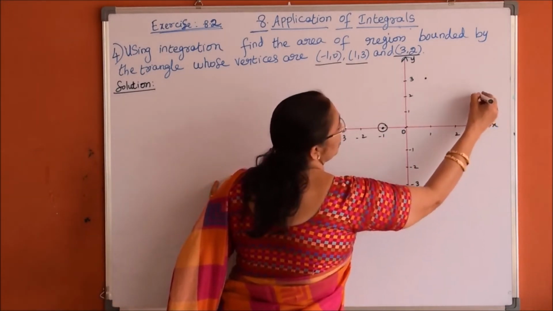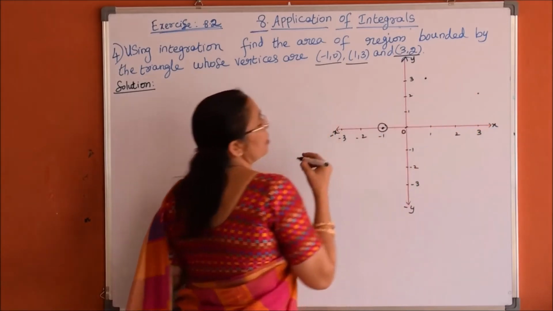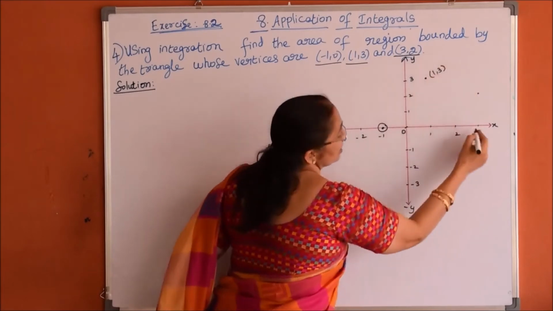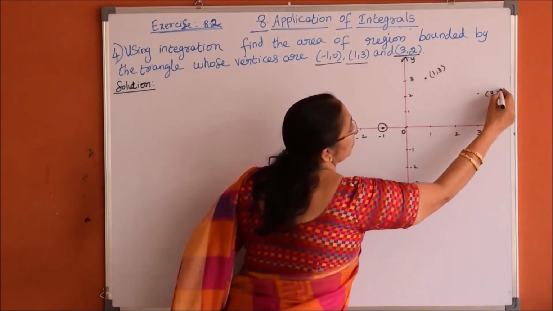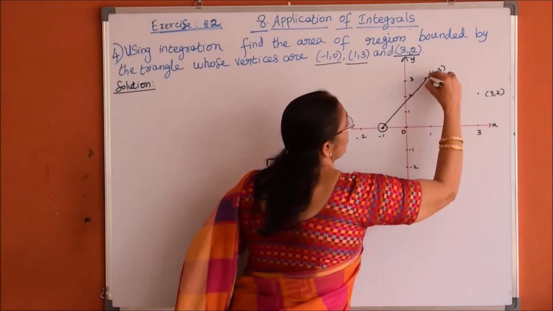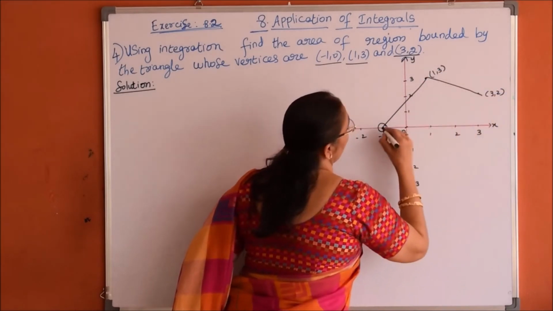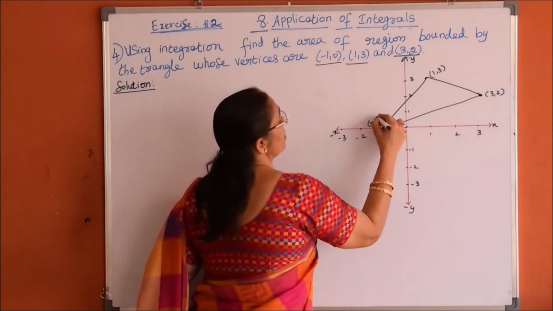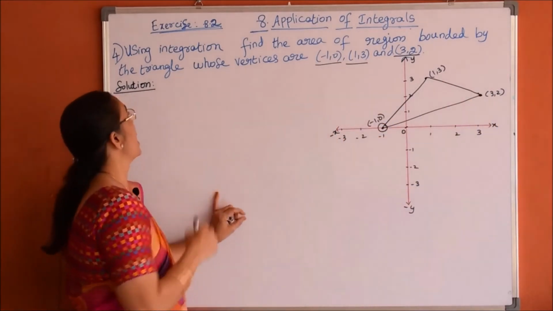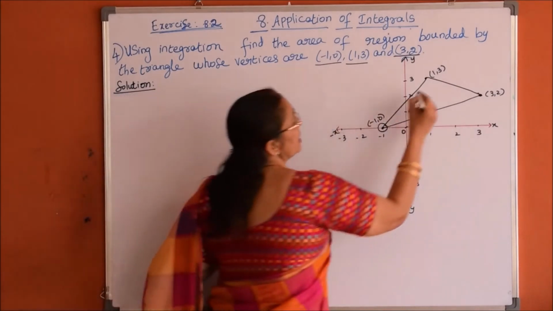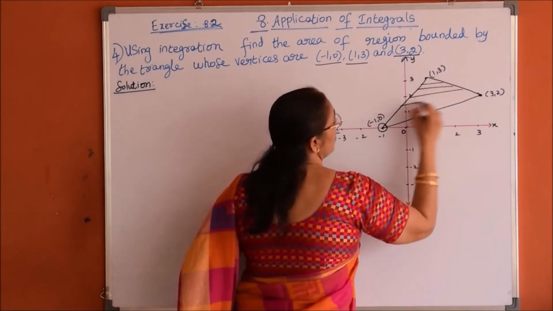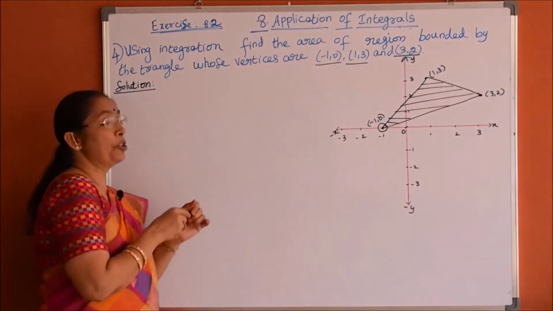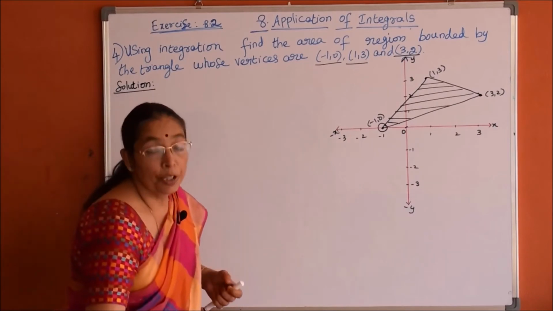So 3, 2 is a point over here. So the required triangle is, this is the point 1, 3 and this is the point 3, 2. So the triangle is, this is our required triangle. This point is minus 1, 0. So we need the area of the region of this triangular area. Yes. Now we have to find this area with the help of integration.